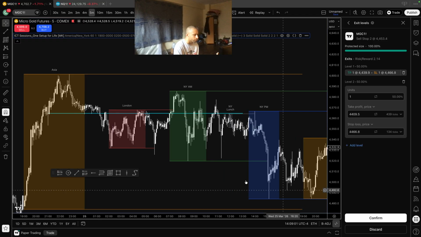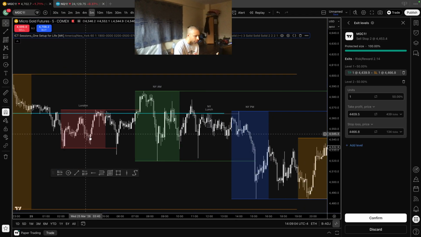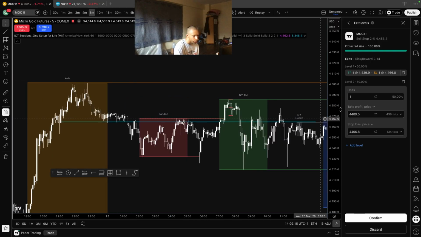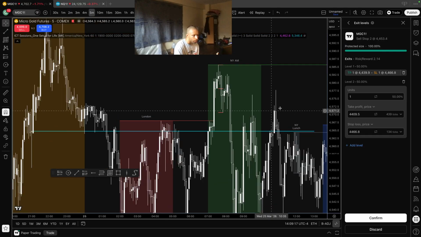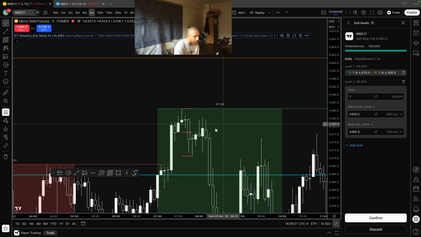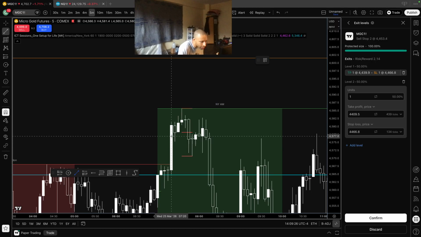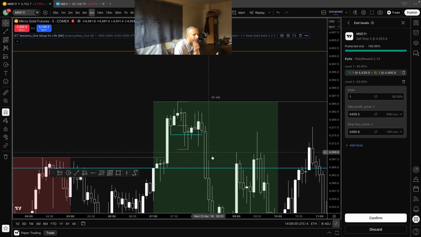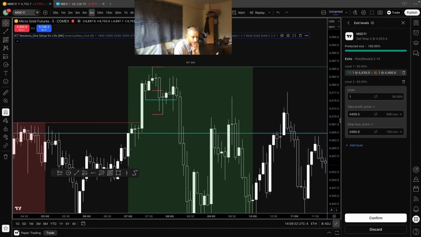But for a scalp or a day trade, the only problem I have with this one is I technically would not have been allowed to take this trade, because what we didn't get was a 5 minute break of structure. All we got was this closing under the bodies, yo. It never closed under this wick, which means that we never got a 5 minute break of structure.